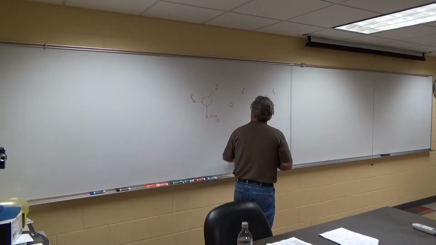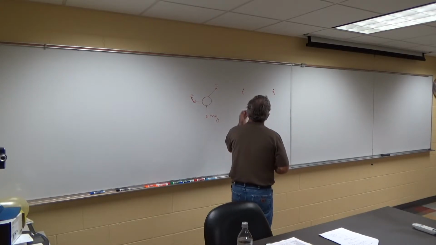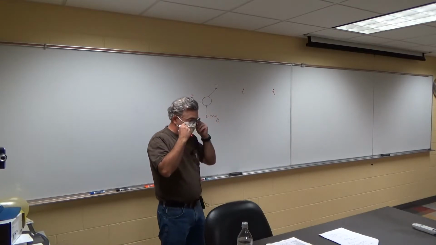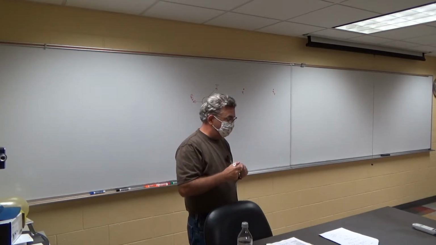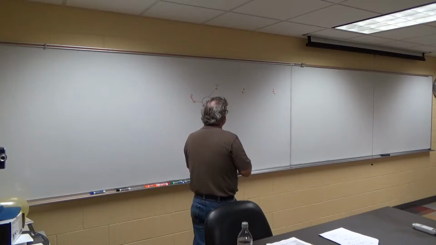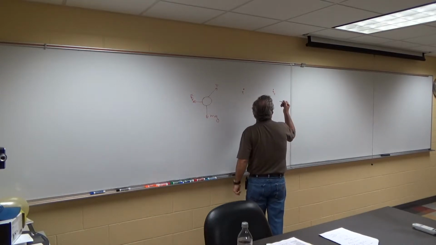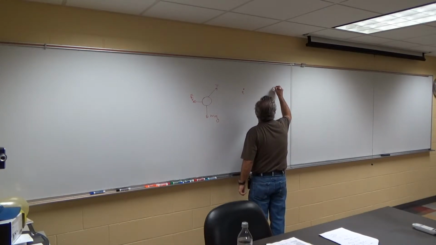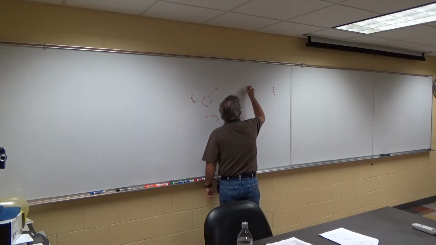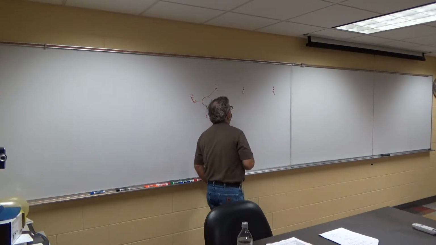So let's say there are two charges, Q1 and Q2. I don't really care about the magnitude of the charges right now. And let's say that Q2 is positive and Q1 is positive as well.